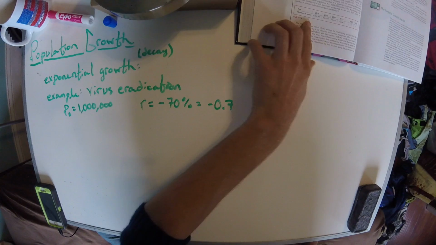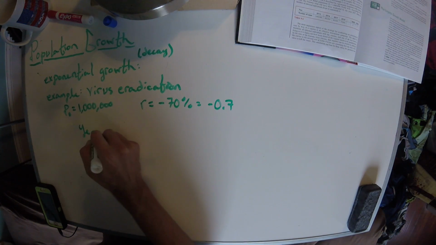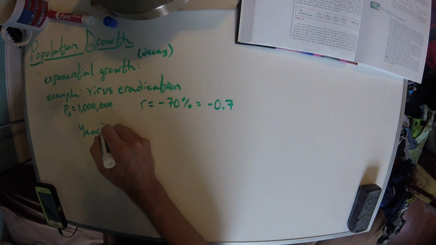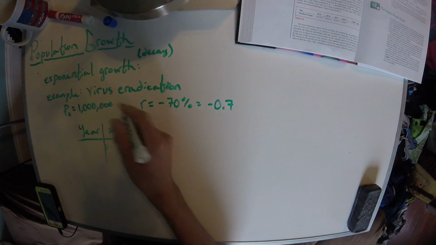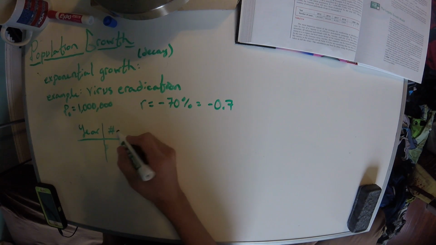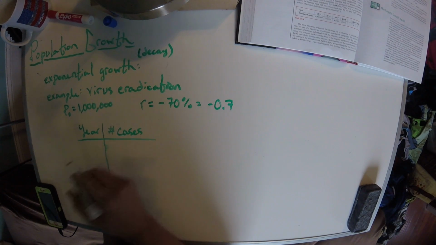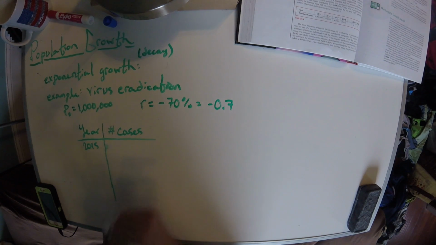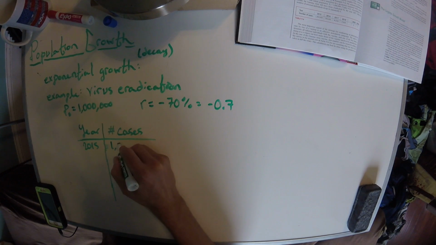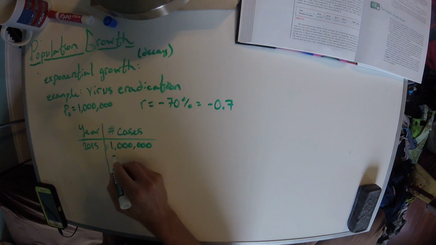So the way this looks is, if we have year and then number of cases. By population of the virus, I really mean the number of cases. Then we have 2015. First it's 1 million, and then it's 300,000.